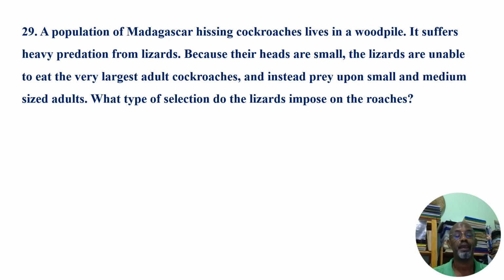Question number 29. A population of Madagascar hissing cockroaches live in a wood pile. It suffers heavy predation from lizards. Because their heads are small, the lizards are unable to eat the very largest adult cockroaches and instead prey upon small and medium-sized adults.